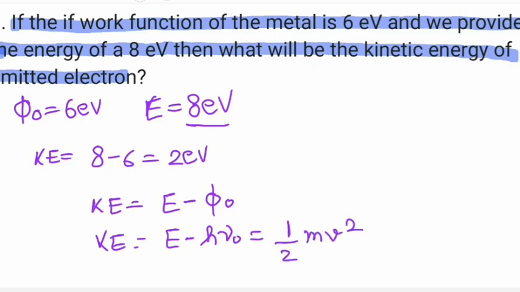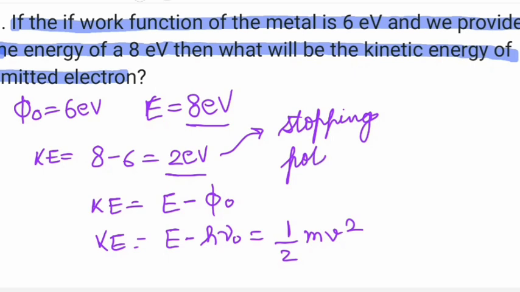Now if the question also asks what stopping potential is required, as the electron has kinetic energy of 2 electron volt, in order to stop it we should provide a stopping potential of minus 2 electron volt, just opposite in sign but equal in magnitude.